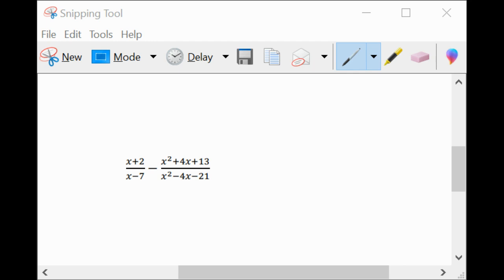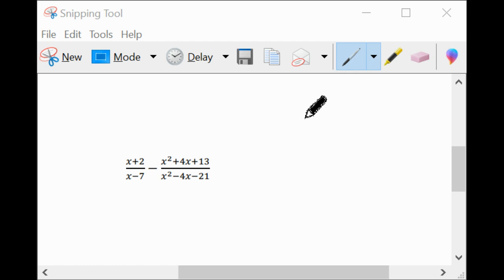So x squared, 4, 5, 10, 10x, 6, and I believe that looks like it's a 2. So x squared plus 2, 8. Sorry about this. Over x minus 7, x plus 3.